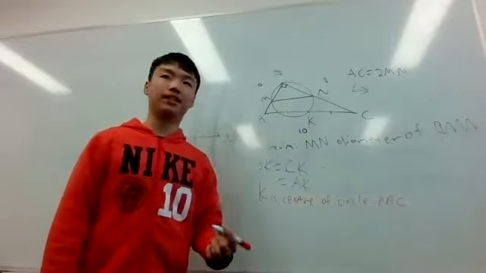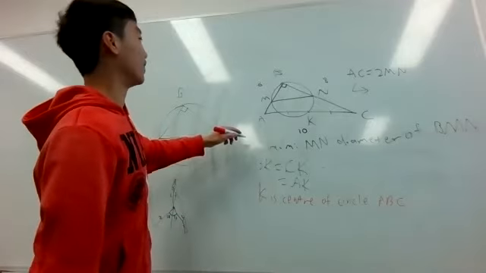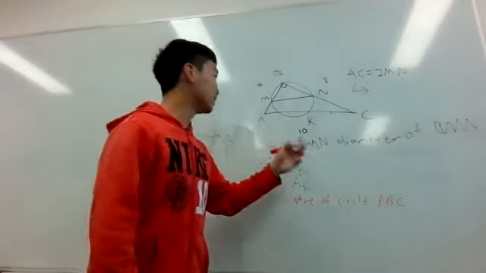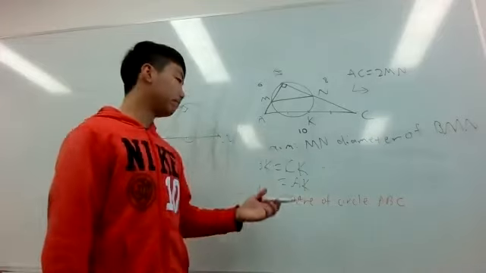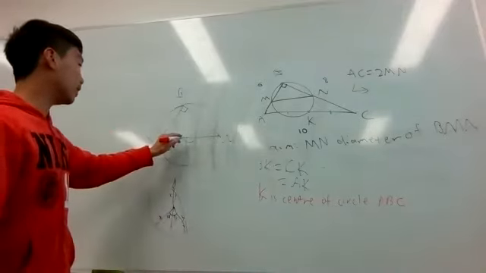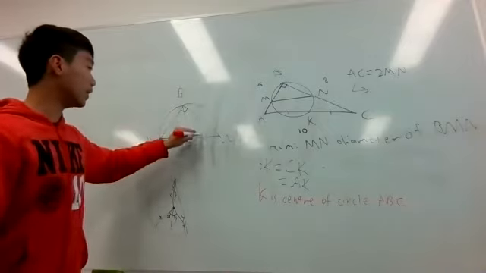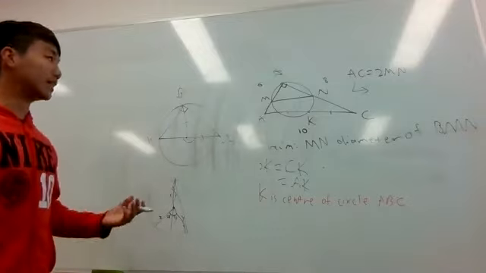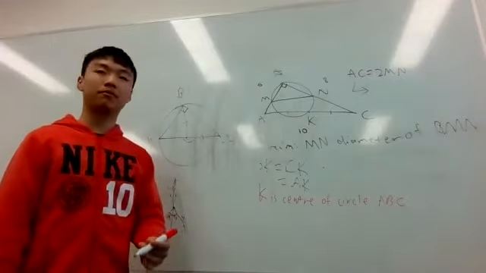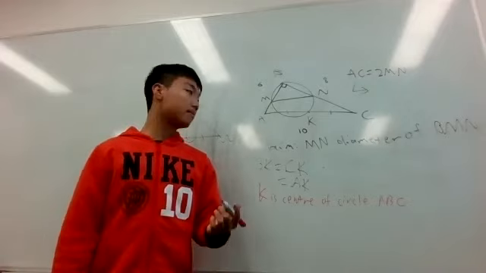So this is one of the nice tricks that you can use whenever you see a right angle triangle. You can know that the midpoint of the hypotenuse is equidistant from every vertex. So when you see a right angle triangle and you have a midpoint, that's probably what you're going to be using.